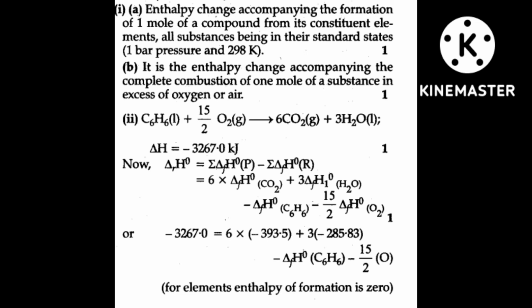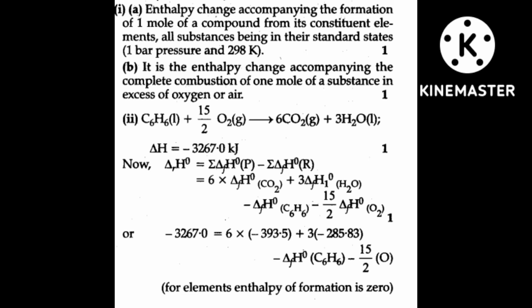And after that, what will you get? After changing the last reaction, CO2 will come to the left side, and CO plus half O2 will go to the right side, and the delta H value will be plus 283.